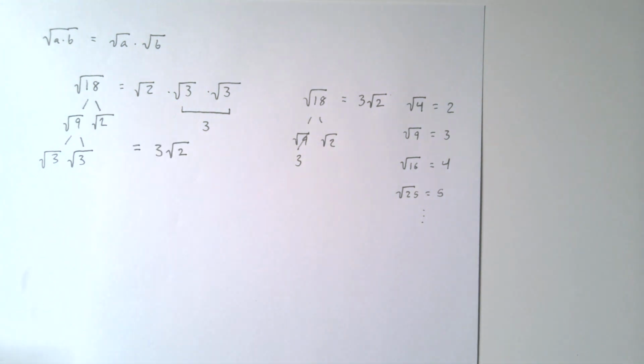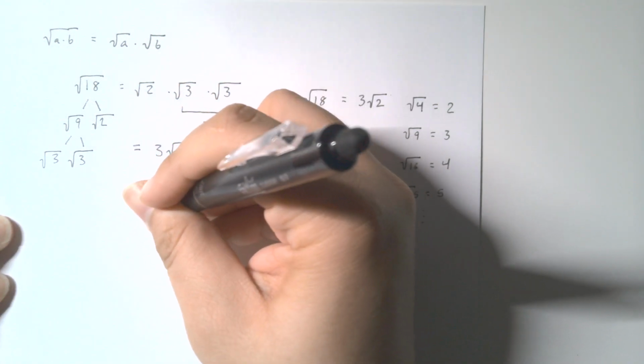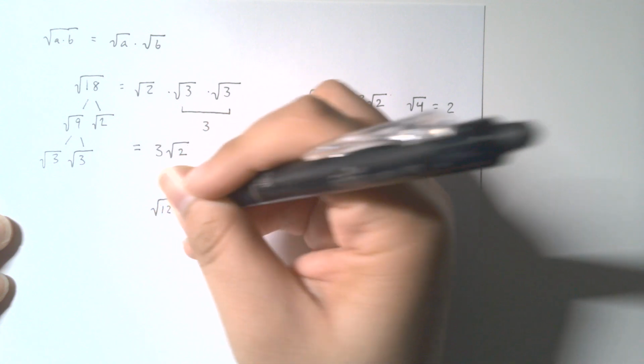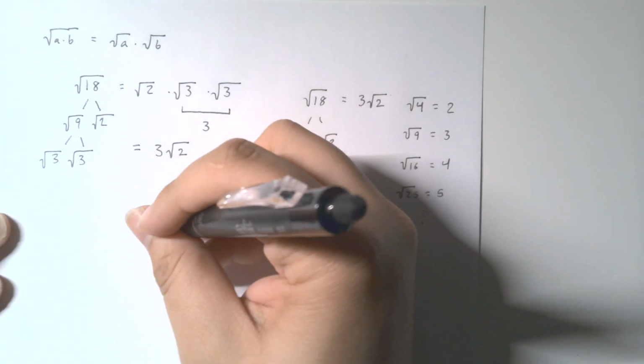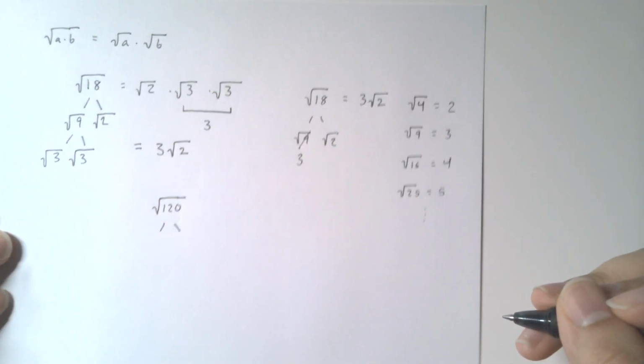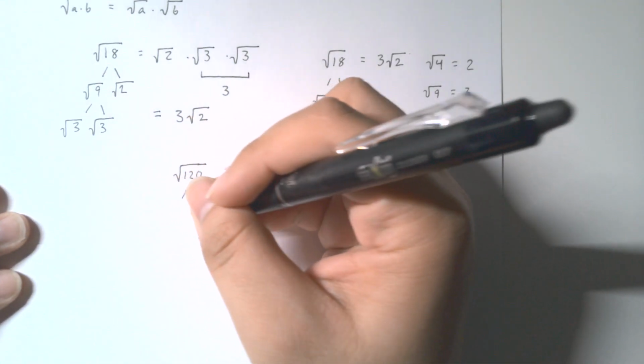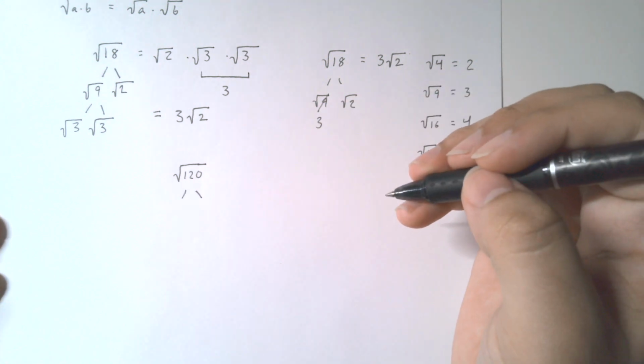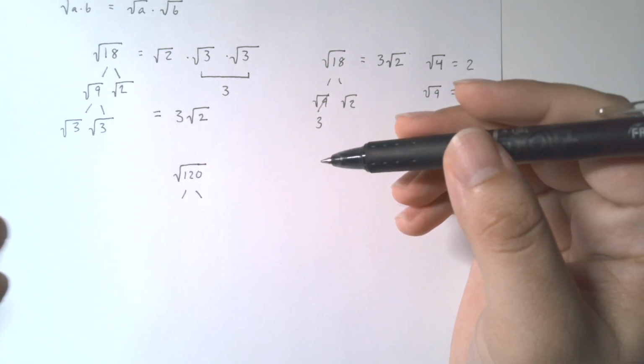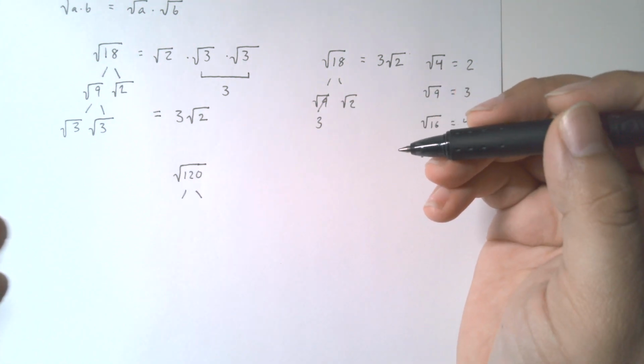And this is really helpful when we have big square roots, like the square root of, say, 120. Because if we have the square root of 120, the biggest perfect square that we can divide this by is, let's see, so we have 4 and 30.